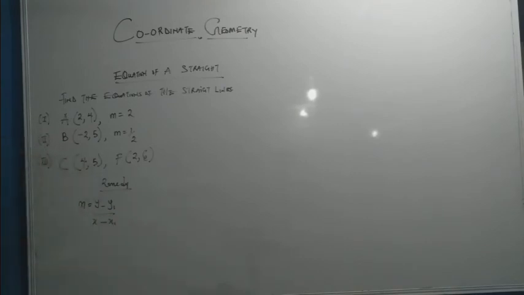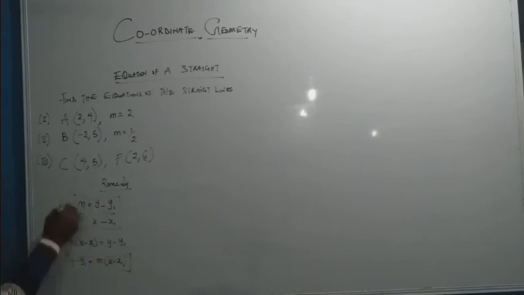Is that clear? You can simplify this by cross multiplying: m bracket x minus x1 is equal to y minus y1. So in other words, we have y minus y1 is equal to m in bracket x minus x1. Alright, so this is the formula you can apply.